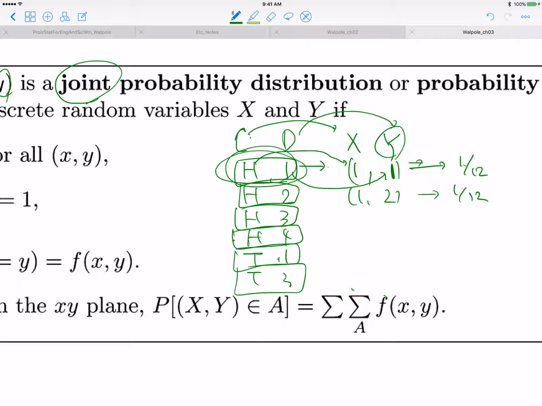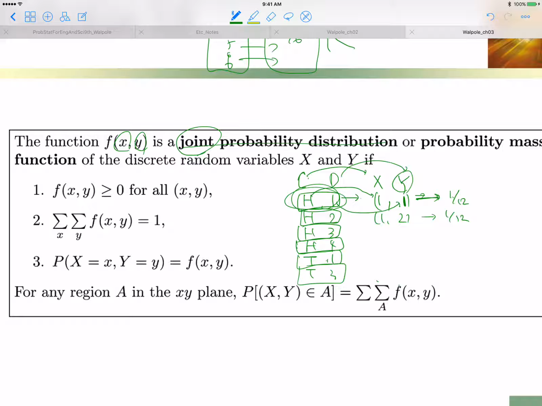But here, this mapping is called joint probability distribution. So this is actually mapping x comma y as a pair, right, for our input, and then this guy will be mapped to a certain probability value, right? So that way we can extend or increase the number of random variables in the input side.